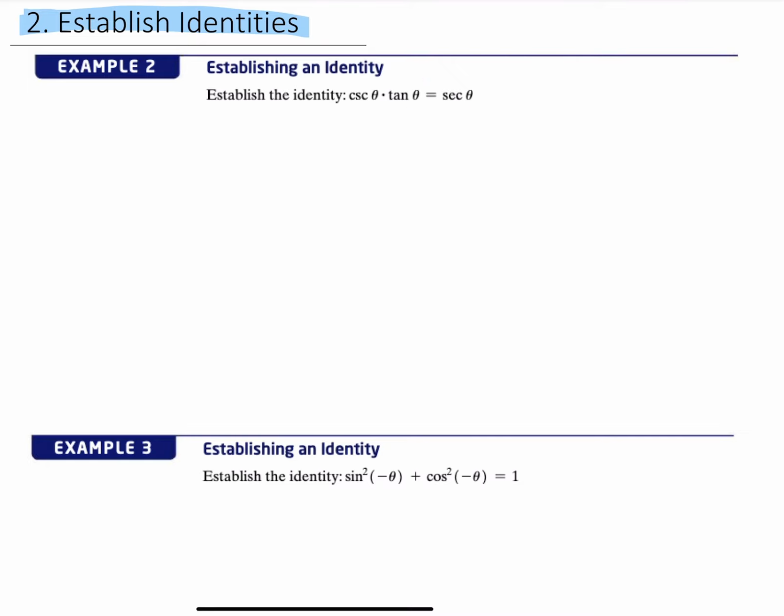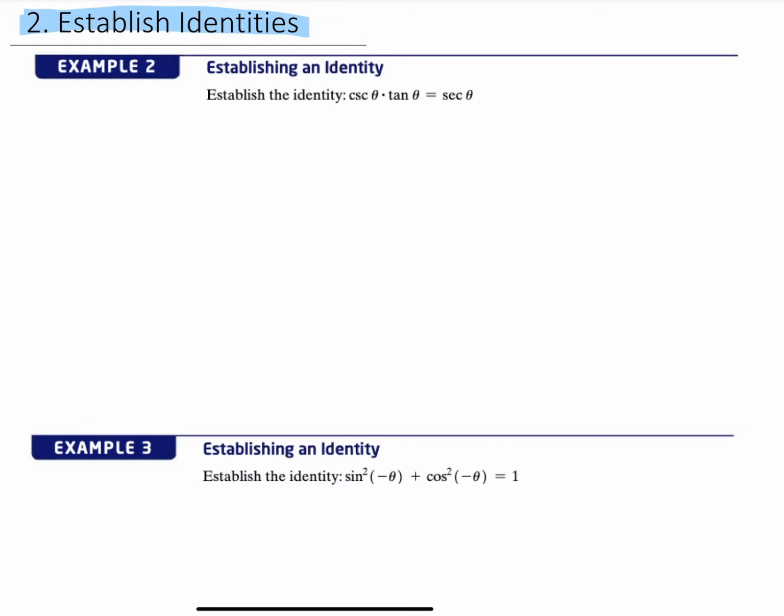We saw with the previous example, we can show that this is true by taking one side and then doing some algebra techniques or using identities in order to show that it's equal to the other side. We want to ultimately turn that left side into the secant. And we could start with either side, but a general rule of thumb is to start with the more complicated side to try to convert it to the simpler side via some kind of reduction.